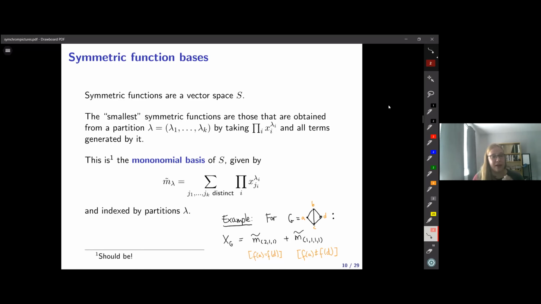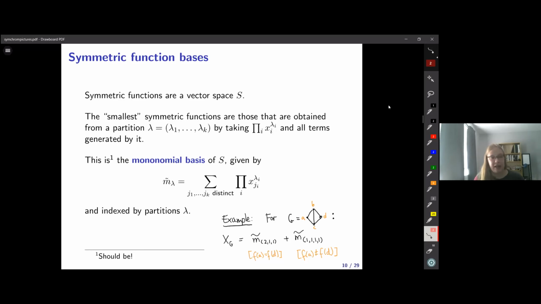And on the other end, for x1 x2, the partition is 1, 1, the partition of 2, and for every other monomial that's xi xj with i and j distinct, it also corresponds to the partition 1, 1, and so the thing has to have the same coefficient. Which is a long-winded way of saying whenever the partition is the same, the coefficient has to be the same.